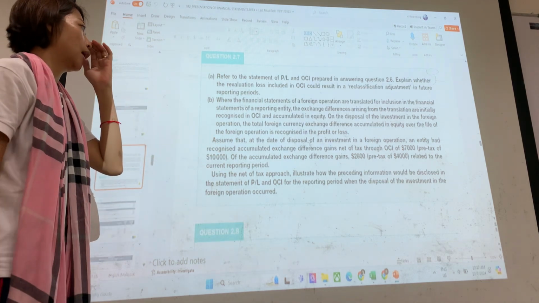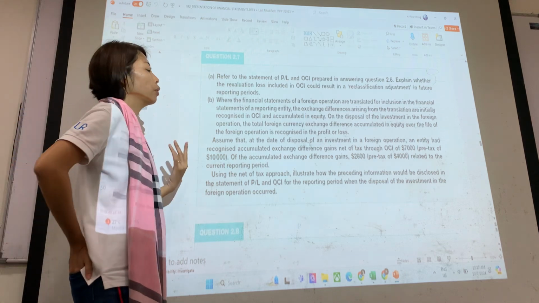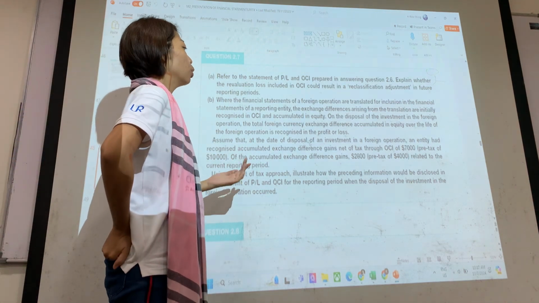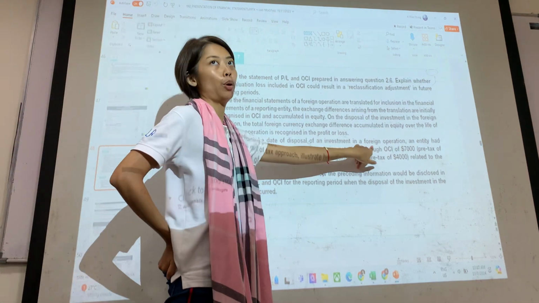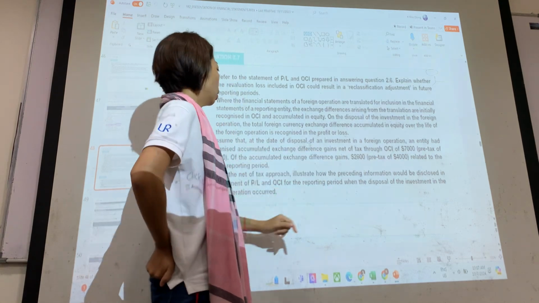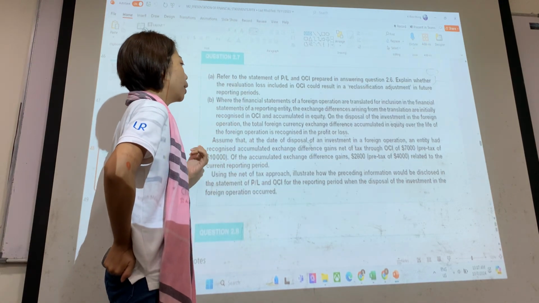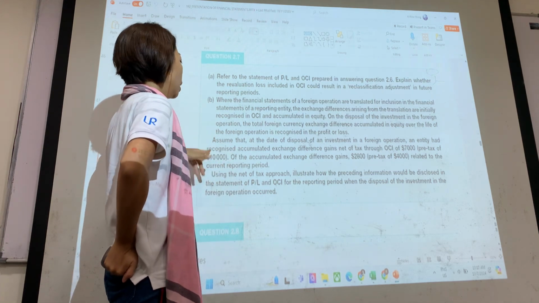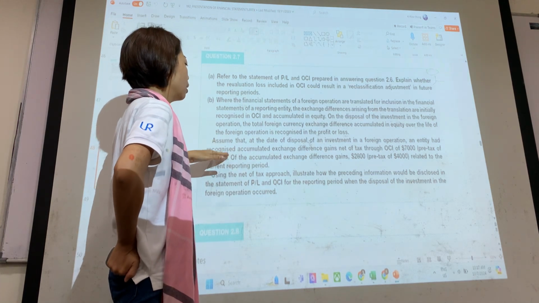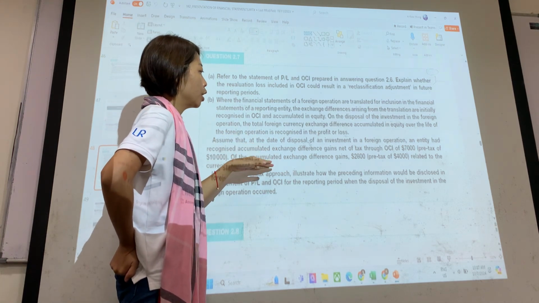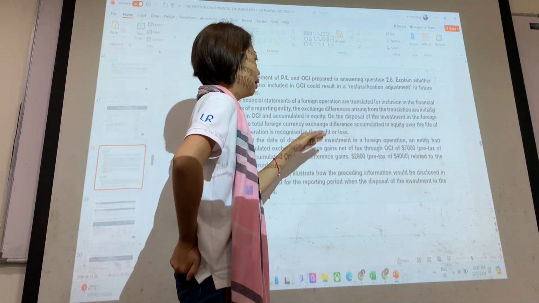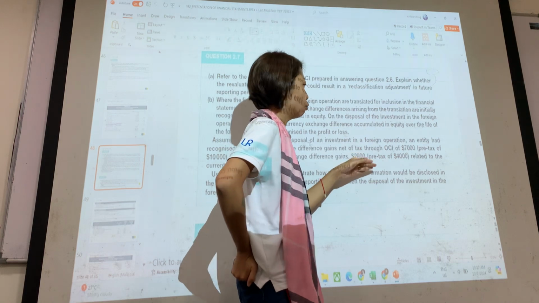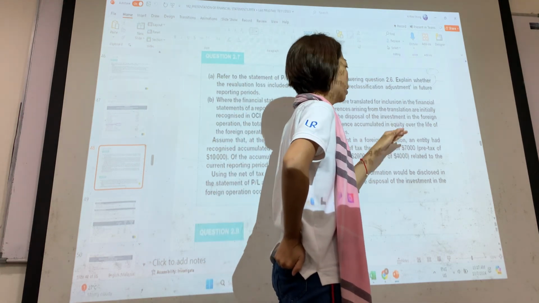So you imagine, okay, I'm a Roti Boy Malaysia, I open a Roti Boy in Jakarta. So today I dispose this foreign operation. Today when I dispose it, I found that right before, I had a recognized accumulated exchange difference gains net of tax through OCI of $7,000.